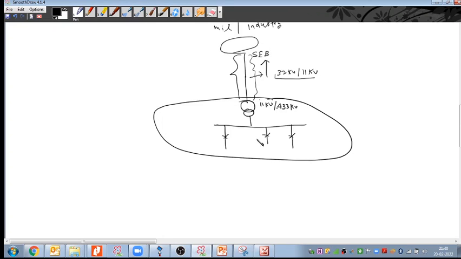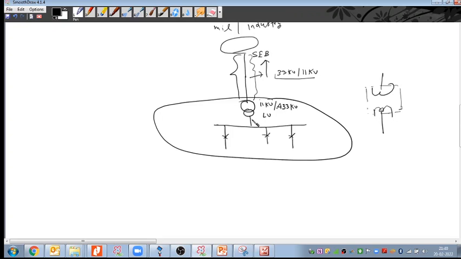But when it comes to the LV, we have the transformer, and the transformer is insulating, because there is insulation between the HV and LV. There are no direct electrical connections, only magnetic coupling.